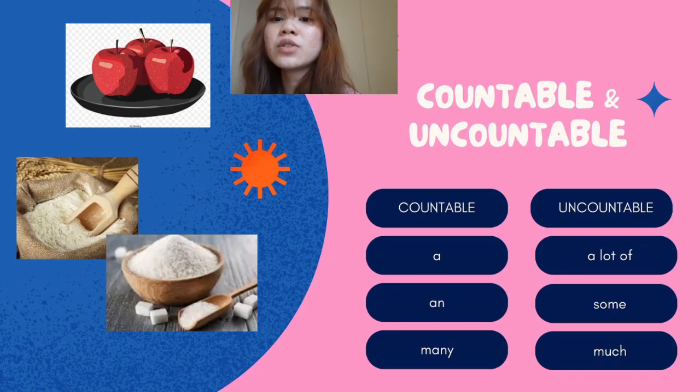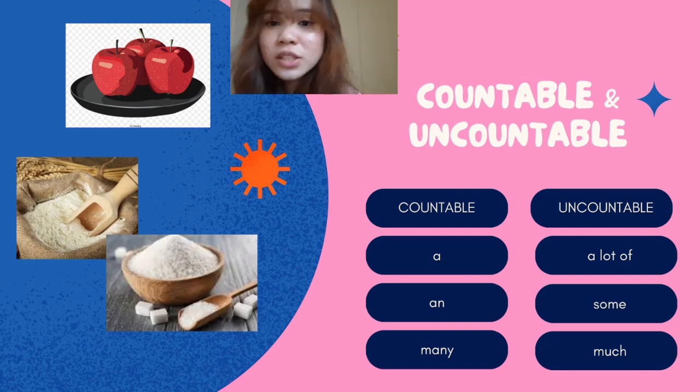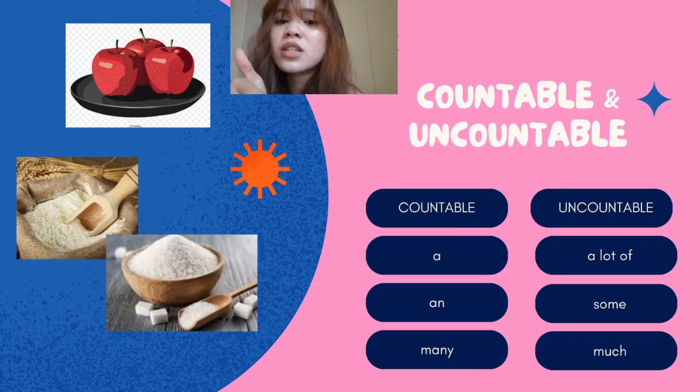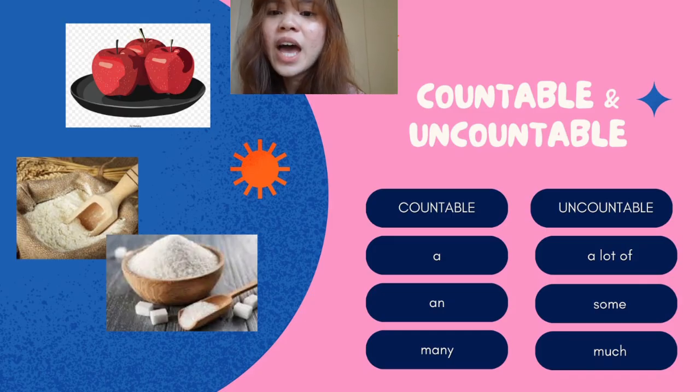For countable nouns, we use articles like a or an and quantifiers like many. For uncountable nouns, we use phrases like a lot of, some, or much. As you can see, apple is countable, while flour and sugar are uncountable.